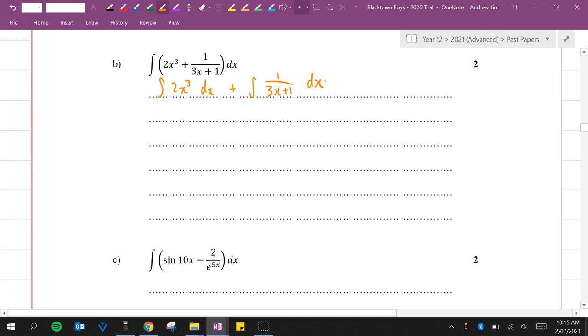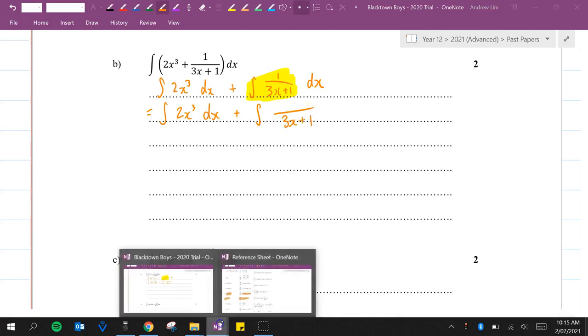And the reason why I want to split this up is because I am going to need to manipulate this. So let's manipulate it now.